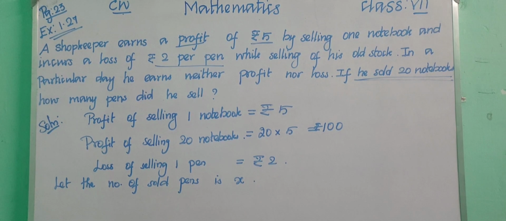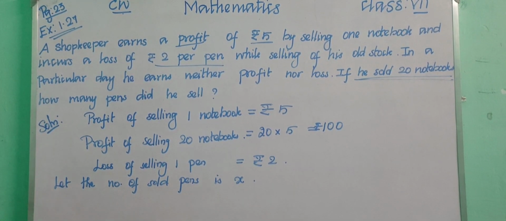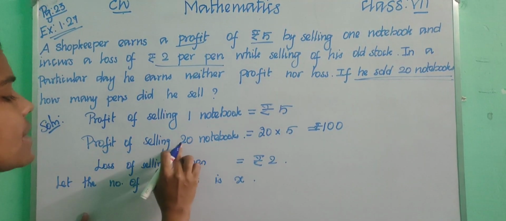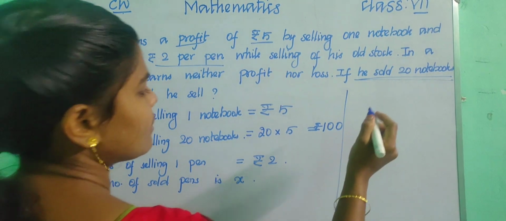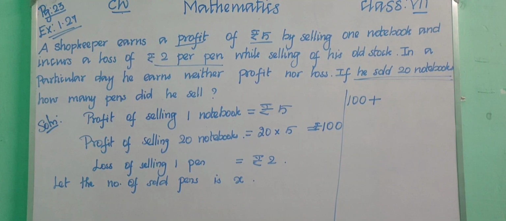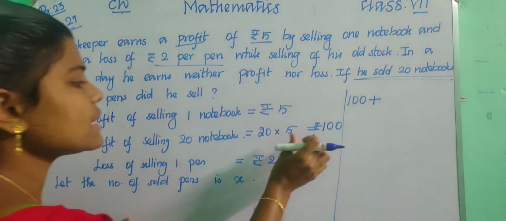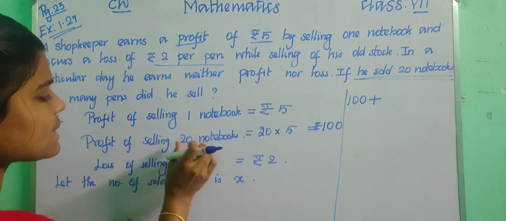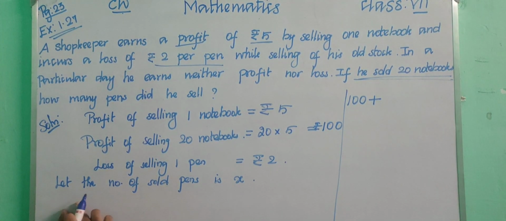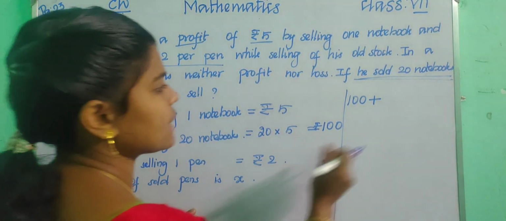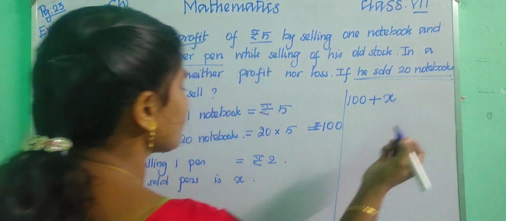So, how will you find this X? What is the profit? We got the profit of selling 20 notebooks equal to 100. We are just calculating the total transactions of that day. So the profit by selling 20 notebooks is rupees 100. The number of pens is X, and what is the loss?